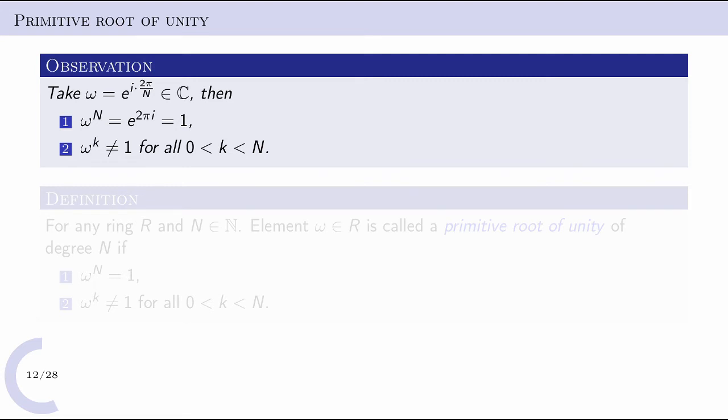If we recall how complex numbers look, this is the exponential form of the number cosine 2 pi over n plus i sine 2 pi over n. So this is a number on the unit circle whose argument is 2 pi over n.